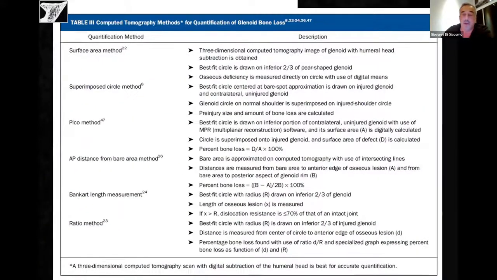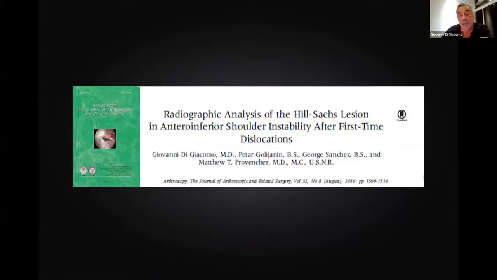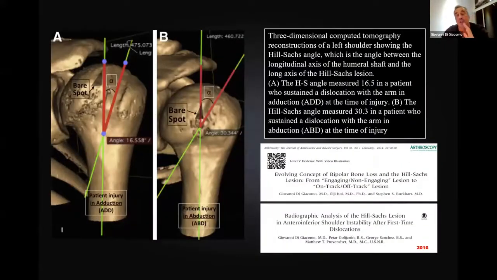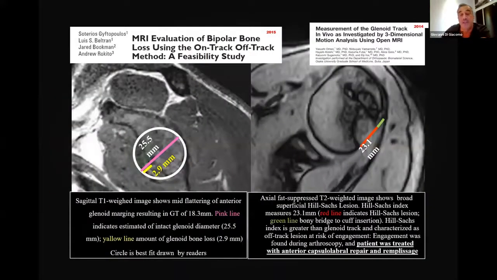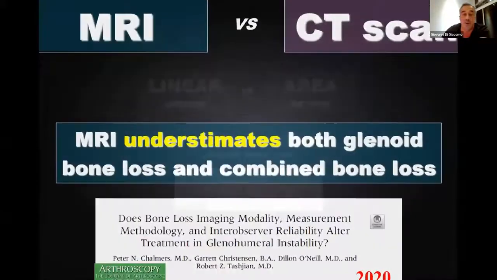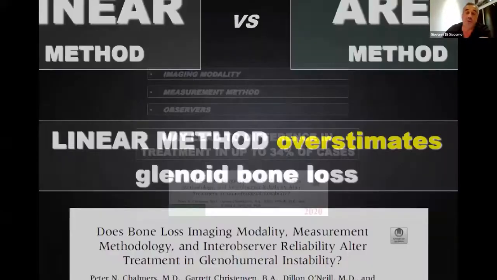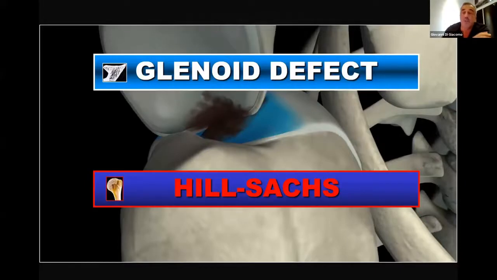You know that in the literature there are many ways to study the glenoid bone loss: surface area method, superimposed, PICO method from Italy, and we did also this study because we think that the position of the Hill-Sachs is very important. Now I will try to introduce you the bipolar study that I did with Steve Burkhart and Izzy Toy.